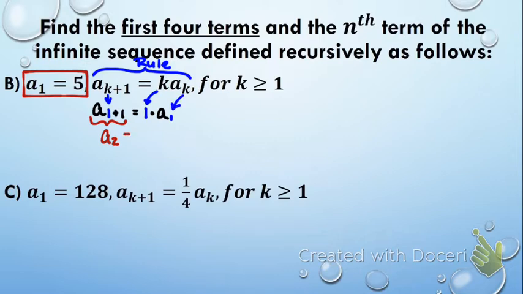So the second term in the sequence would be 1 times what? 1 times 5. Pedro, you need to put that away for me, dear. So that means the second term in the sequence is 5.